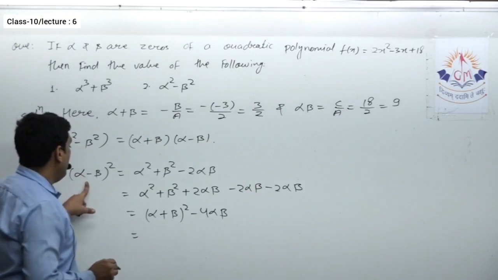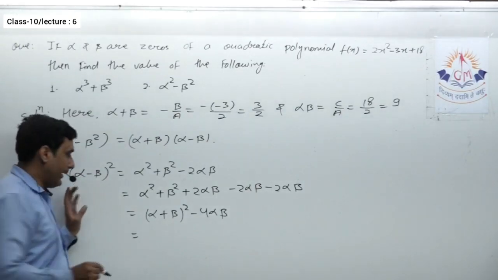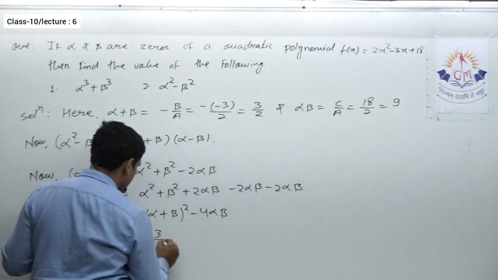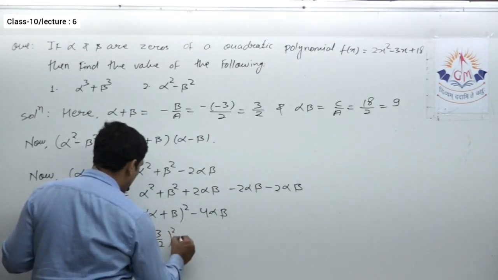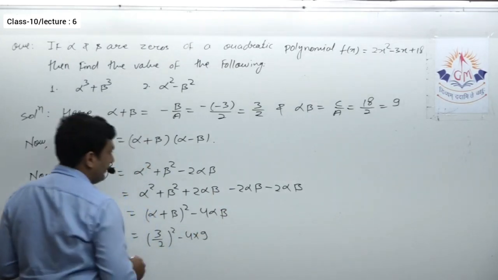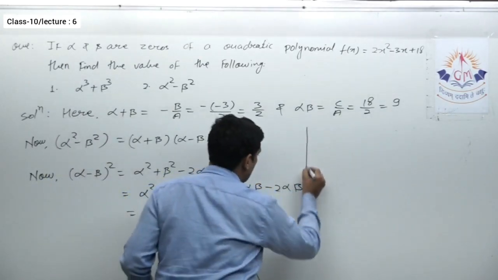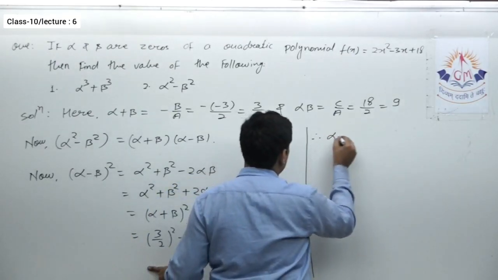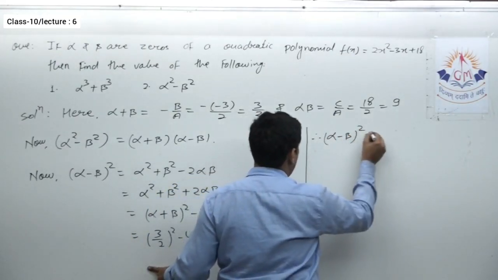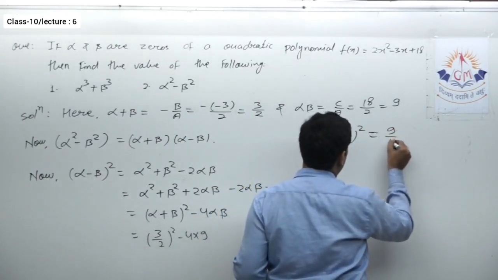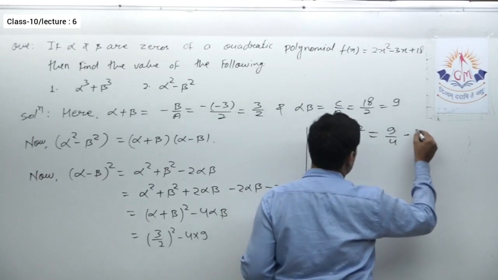My target was to get the value of alpha minus beta. Now alpha plus beta is 3 by 2, so its square minus 4 alpha beta, which is 9. So alpha minus beta whole square is equal to 9 by 4 minus 36.